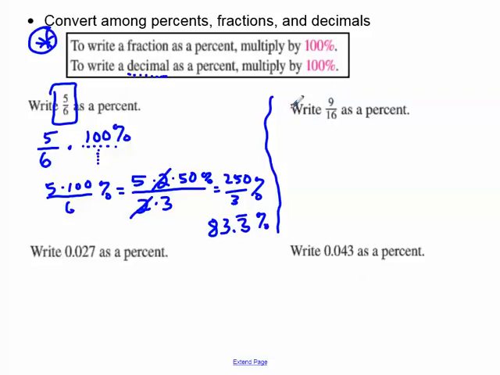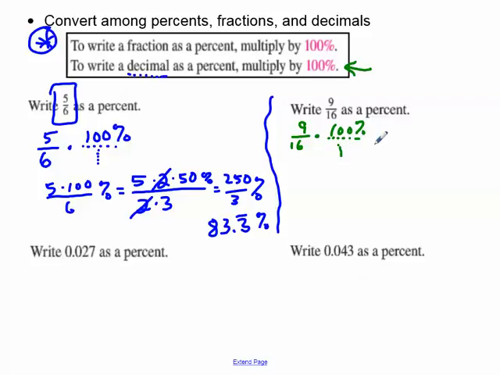All right. We're going to use the second rule here and say, well, I've got 9/16, and I want to convert that decimal or fraction into a percent. To write a decimal or fraction as a percent, multiply by 100% over 1, because that 100% is over 1.